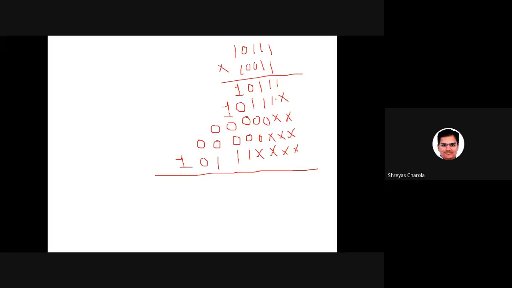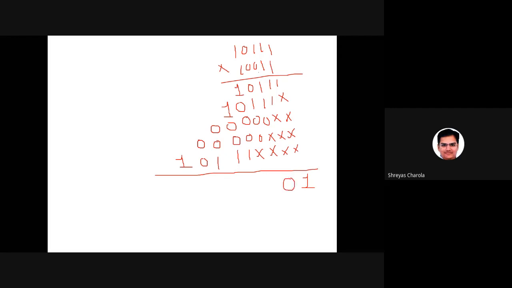Then we do the total of the numbers, correct? Is this the way we are doing multiplication, all of you? Yes or no? Okay, fine. So what is the answer we will get? 1 plus 0 plus 0 plus 0 plus 0 is 1. Then 1 plus 1 again is 0.